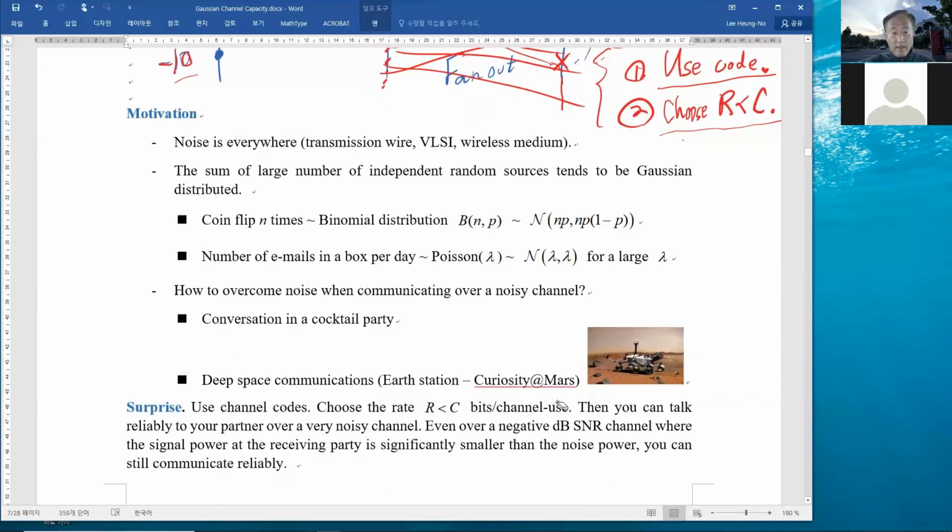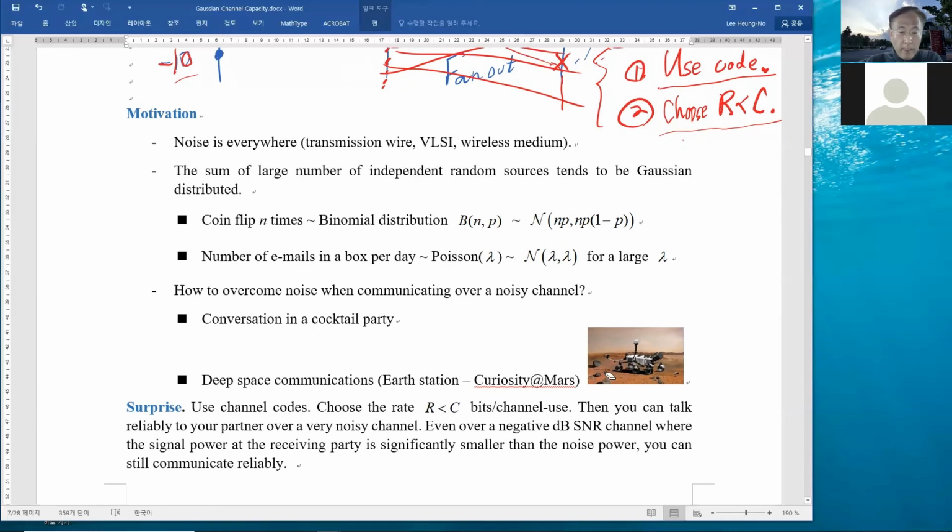So how does the Earth station communicate with Curiosity? The signal has to travel a large distance, so the signal attenuation is very large. So by the time the electromagnetic wave sent from the Earth station reaches the Curiosity antenna, the signal power is very small.